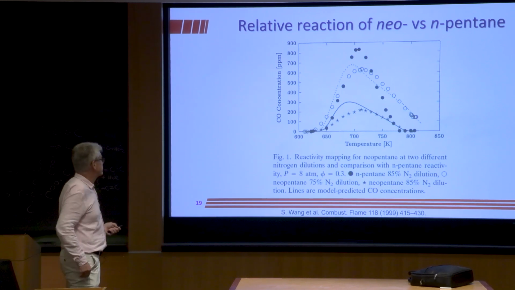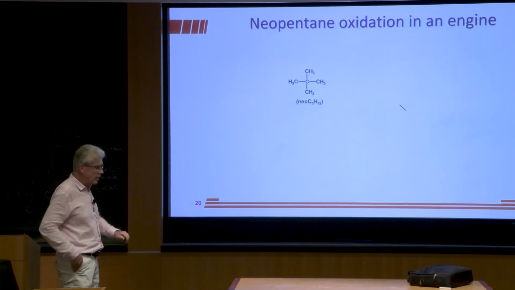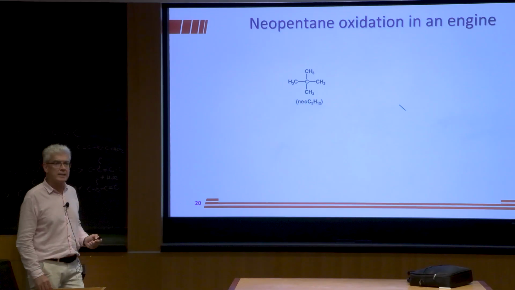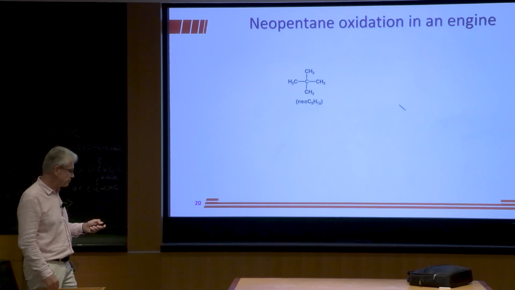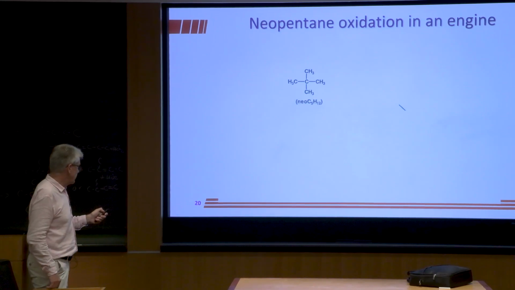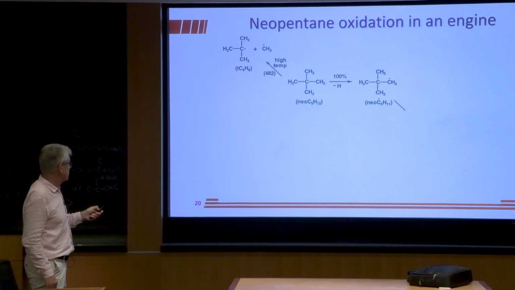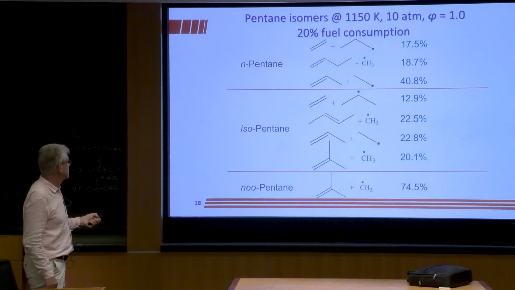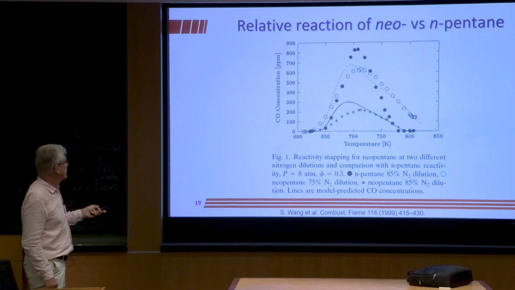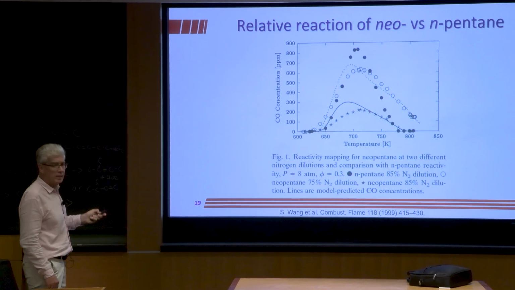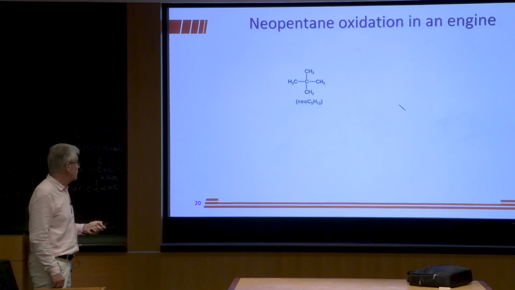Okay, so what if we look at the chemistry of what's happening in neopentane? I did a flux analysis based on the neopentane oxidation at the turnover point here, at about 730 or so Kelvin.